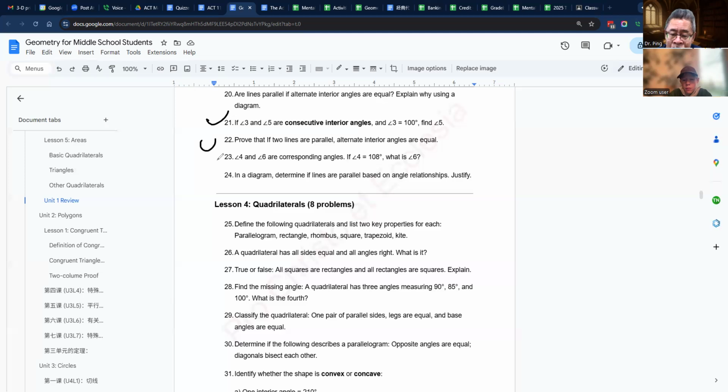23. 4 and 6 are corresponding angles. If angle 4 is 180, what is angle 6?